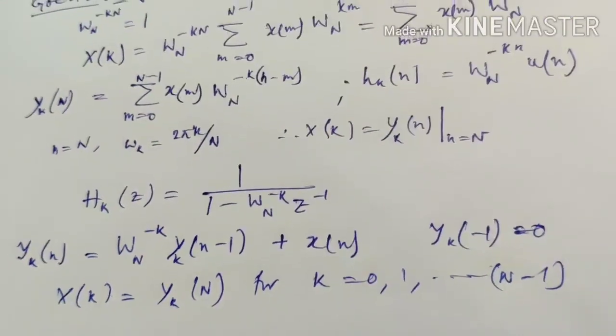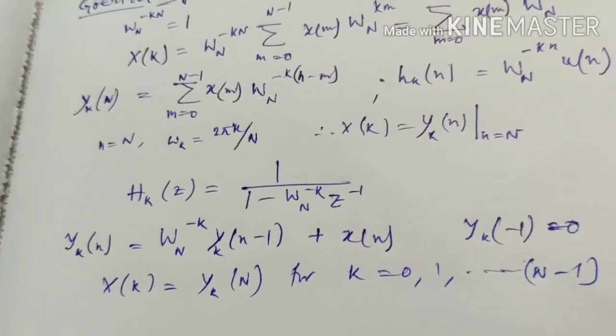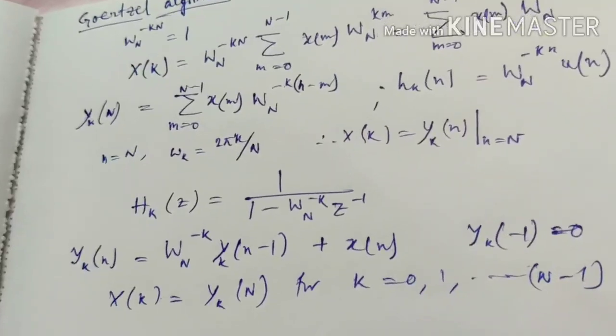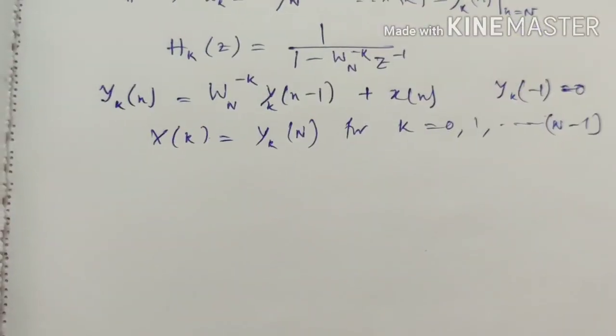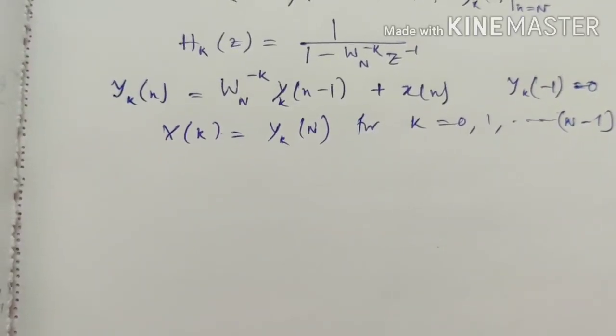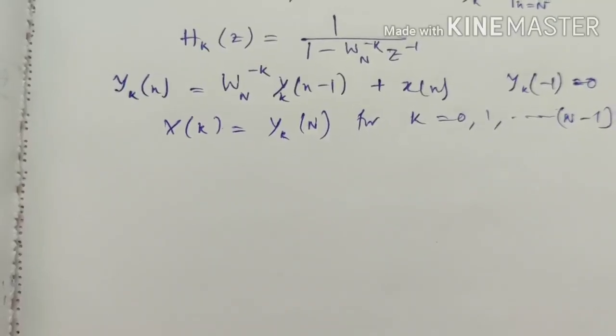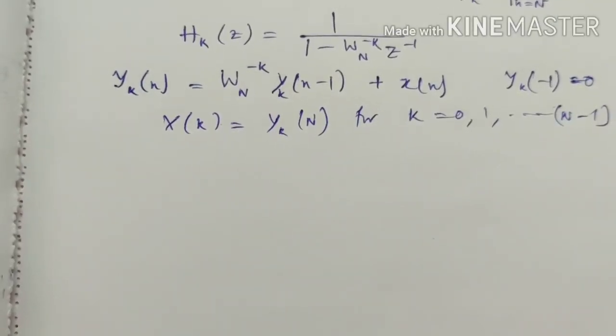So to perform this computation, we can compute once and store the phase factor, that is W_N to the power minus k. The complex multiplication and addition inherent can be avoided by computing the pairs of resonators possessing complex conjugate poles.